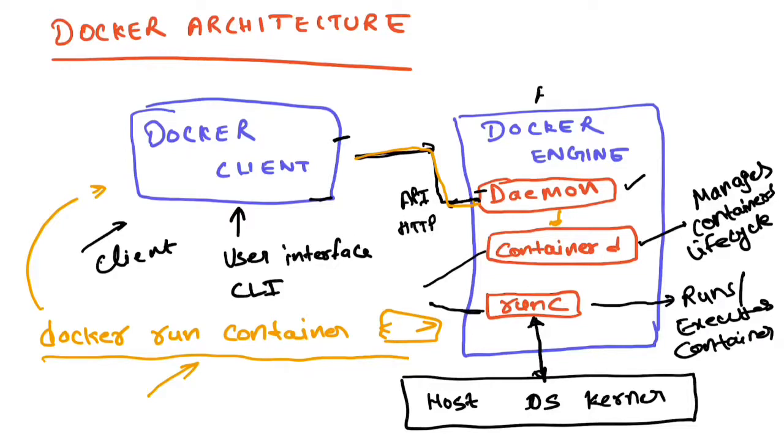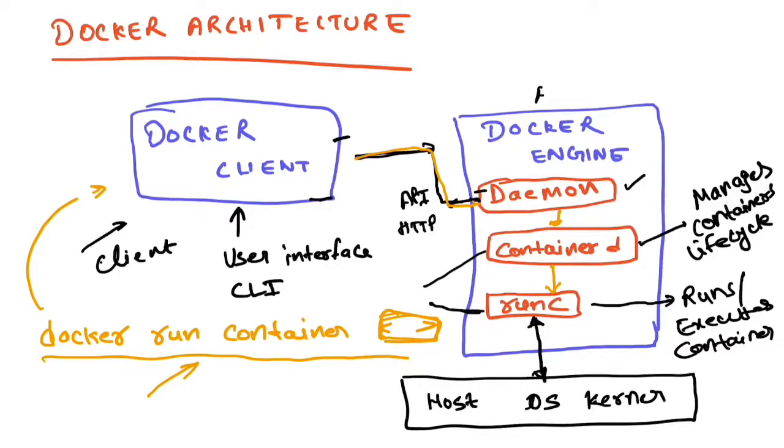Once containerd knows that it has to create a new container, it converts the image, whatever you have passed, into a compliant format. There is an OCI, Open Container Initiative, which is a standard format which Docker internally uses to convert the image into OCI format, and then it passes that OCI format compliant image to runc, right?